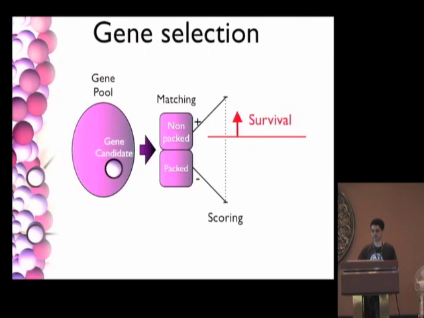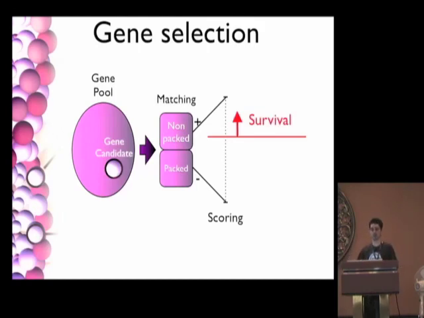So how did we select the patterns, the genes? You can think of a gene pool, which is the set of all the compiler common patterns that we know. For each candidate, we do pattern matching over the non-packed binaries we had before, and the packed ones. I'm talking about on disk, not in memory right now.